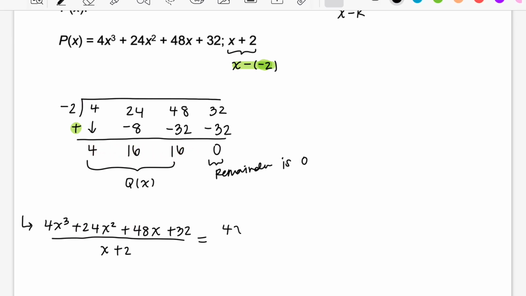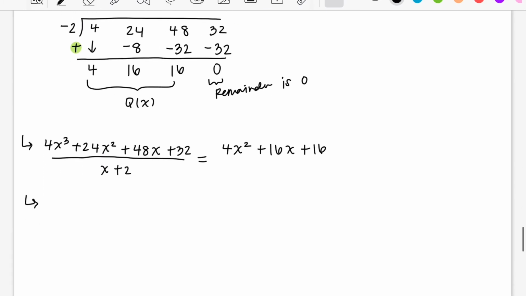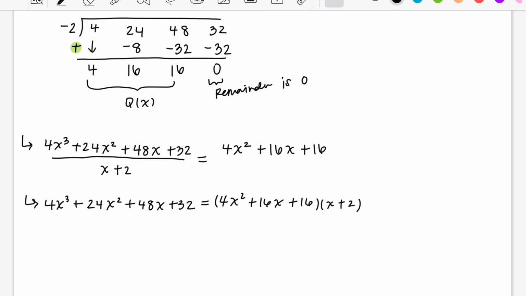So we'll have 4x squared plus 16x plus 16. So this tells us that our original polynomial is equal to the quotient we got times x plus 2.